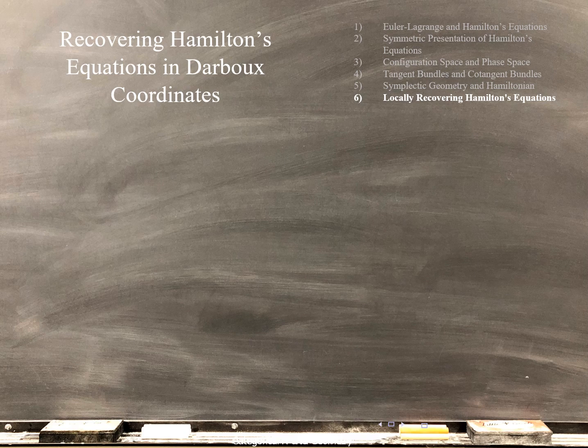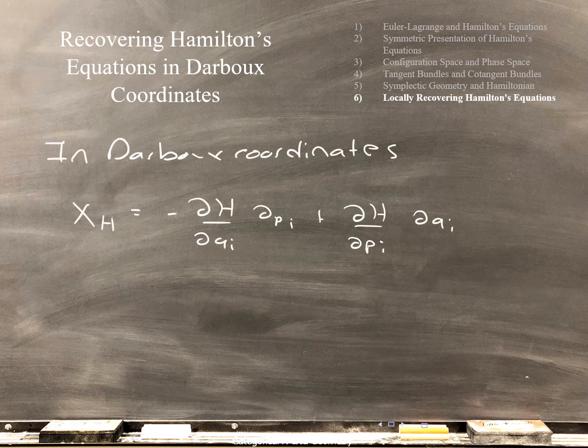So how do we actually recover Hamilton's equations in local Darboux coordinates in practice? Starting from that general expression relating the contraction of the Hamiltonian vector field into the symplectic form and tying that into the derivative of the Hamiltonian function, if we take that expression, which is valid globally, and write it locally in terms of Darboux coordinates, then we can find an expression for the components of the Hamiltonian vector field in these coordinates as such.